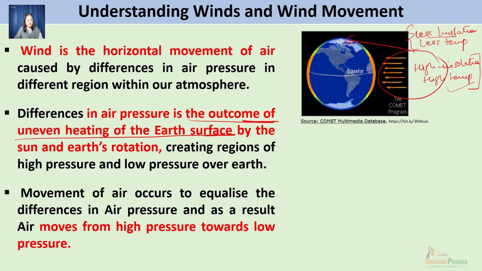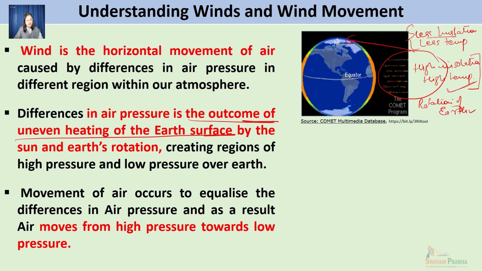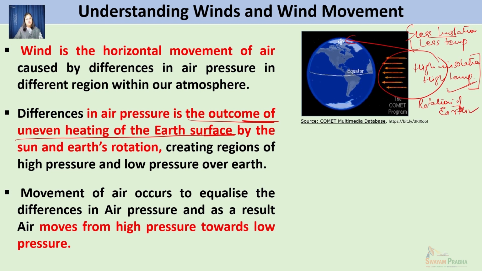Besides temperature variations, we have also studied when we were doing the pressure belts of the world that besides temperature, there are factors like rotation of Earth which also play a significant role in defining the pressure regions across the globe. So you have factors which are related to temperature, and then there are factors which are related to Earth's rotation, which define the pressure regions of the world globally.